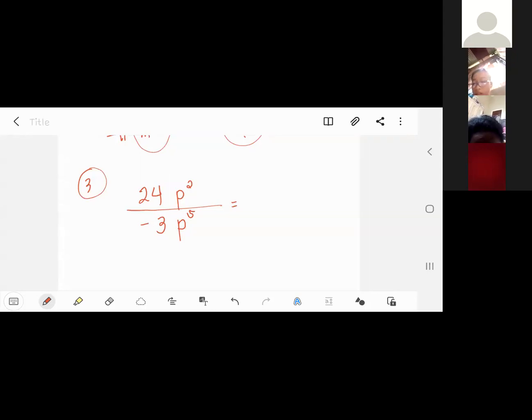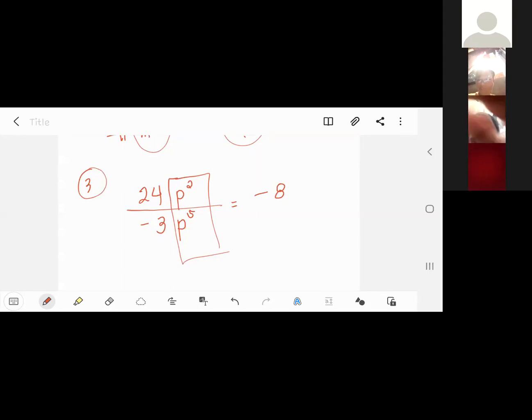Okay, let us check your answers. 24 divided by negative 3, what's the answer? Negative 8. Now for your variables, which is bigger, 5 or 2? 5. Where is 5 placed, in the denominator or the numerator? Denominator.